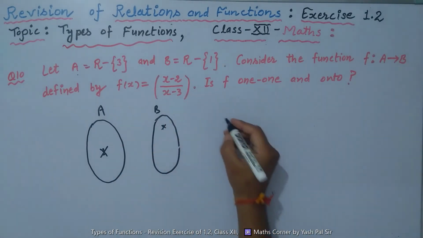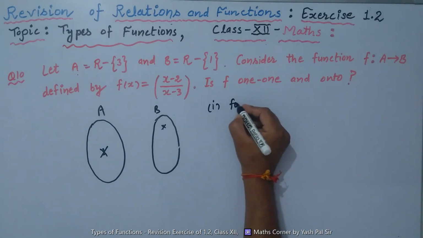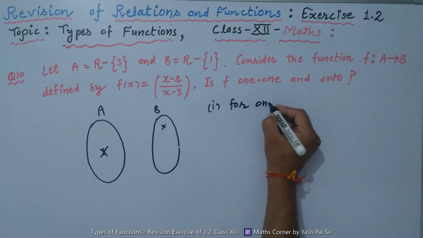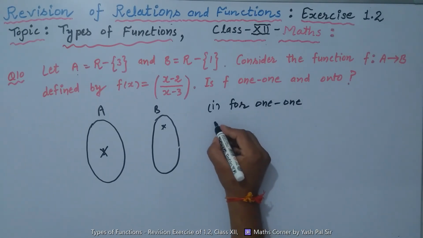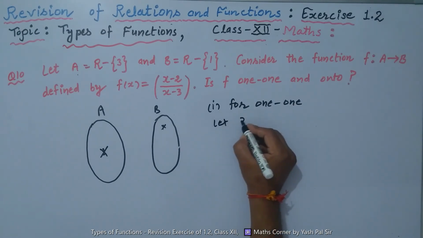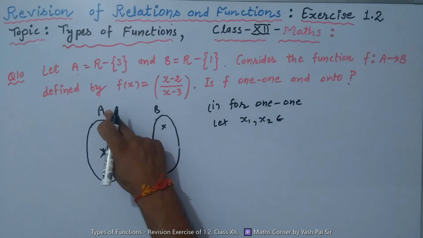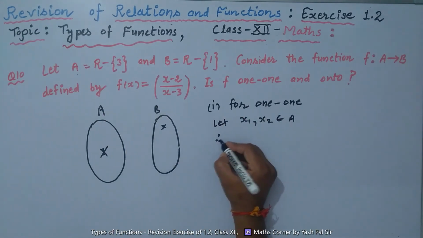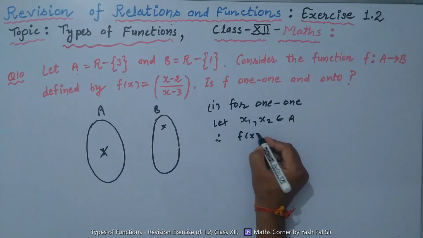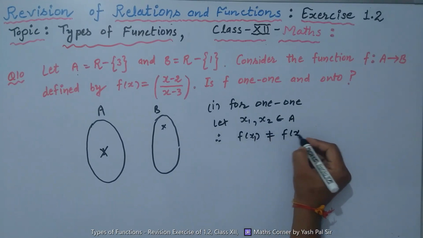So first of all, for one-one function, let x1, x2 both belong to set A. So f of x1 is not equal to f of x2.